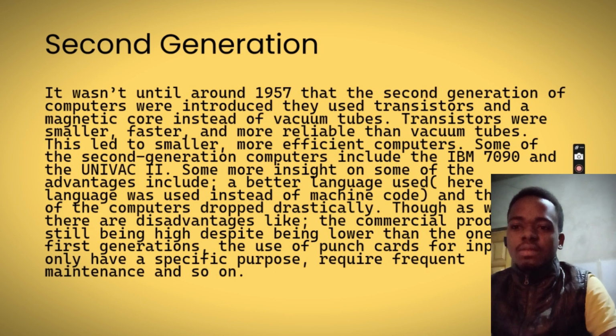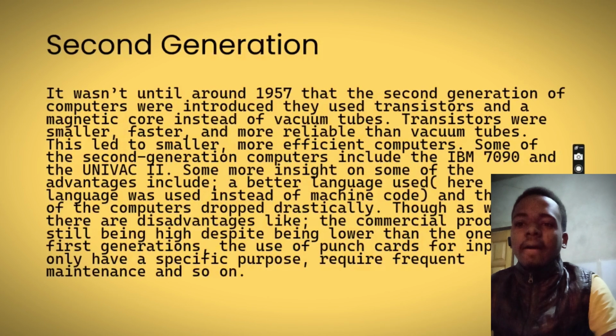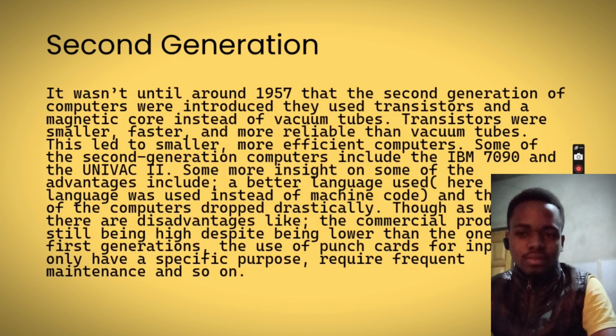So transistors have a switching function since they can allow an on-off state. What this means is they can act like a switch within a circuit. They can turn on or off depending on the need.